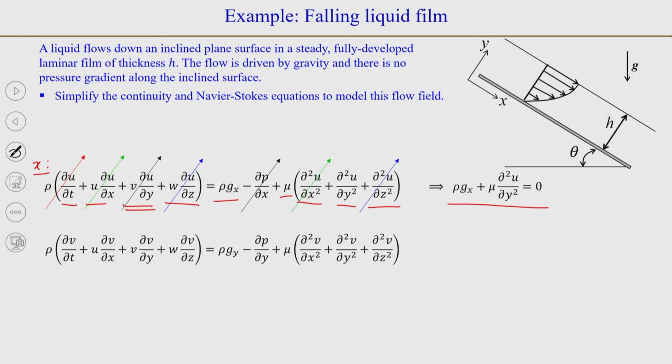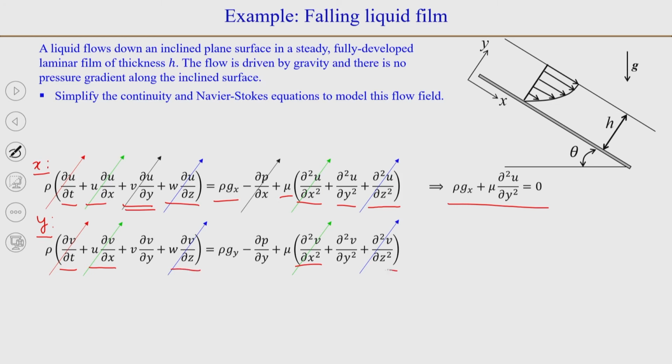Next we look at the momentum conservation equation, or Navier-Stokes equation, along the y direction. So, again in this the first term will be 0 because the flow is steady. Next term is 0 because v is equal to 0, or dou v by dou x is equal to 0, and this term will also be 0 because v is 0. W is 0 or dou by dou z is 0.